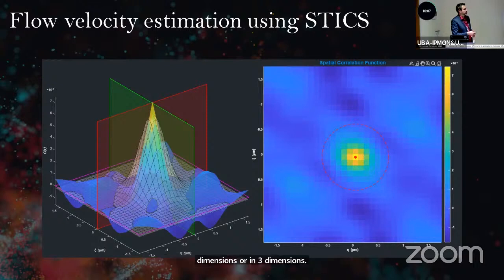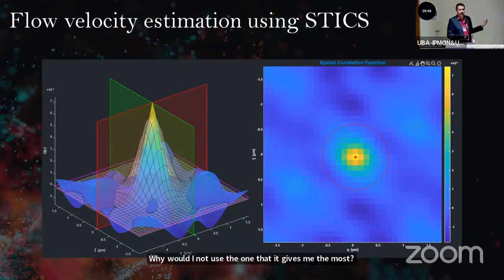on which we're going to take the information of the pixels that are inside of this radius, and to those pixels only, excluding the ones outside, we're going to fit a Gaussian function. Very importantly, we're also going to omit the pixel in the center. Why is that? Why would I not use the one that gives me the highest value in the correlation function? Do you have an idea? No?